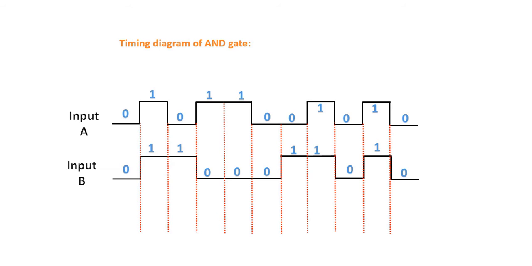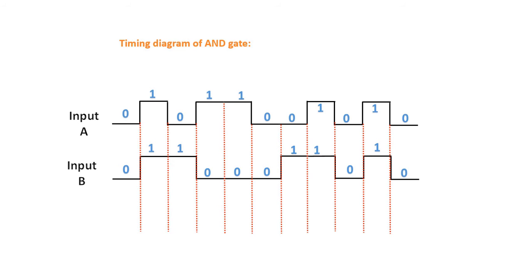Likewise, at the third line, input A is changing from 0 to 1, and input B is changing from 1 to 0. Similarly, you can see in the other red dotted lines the values of A and B changing. We need these points to determine the output graphical representation.